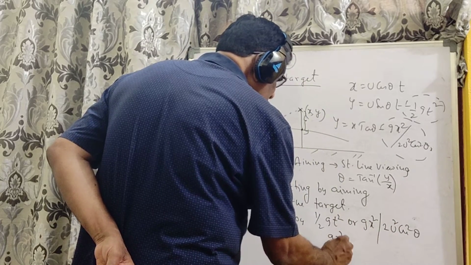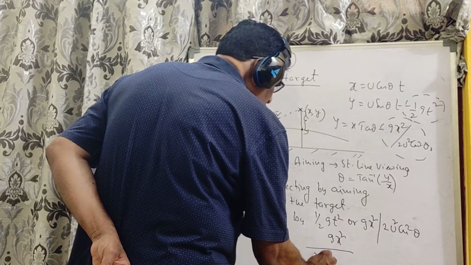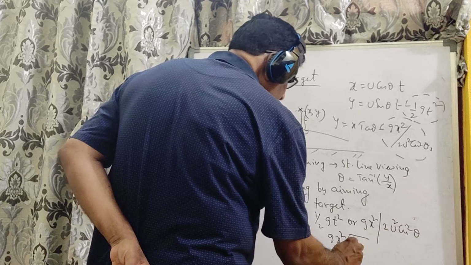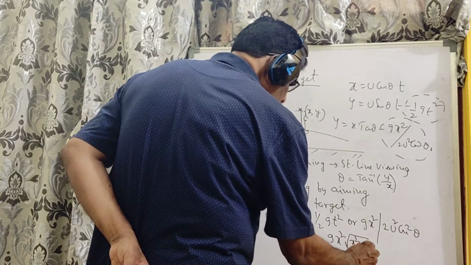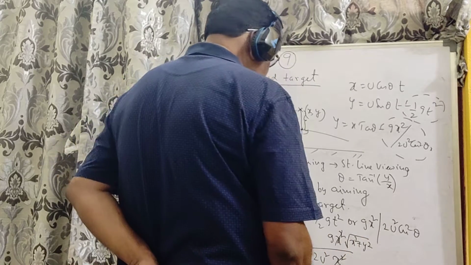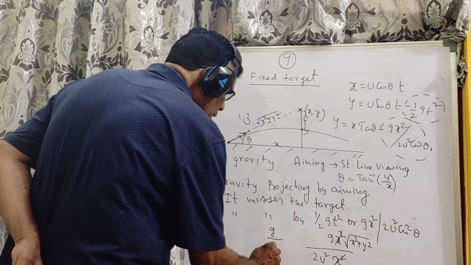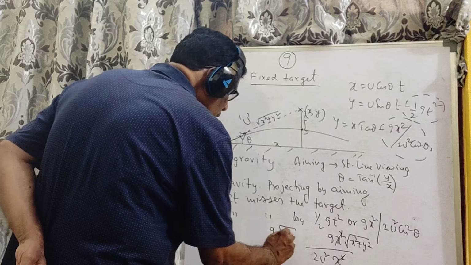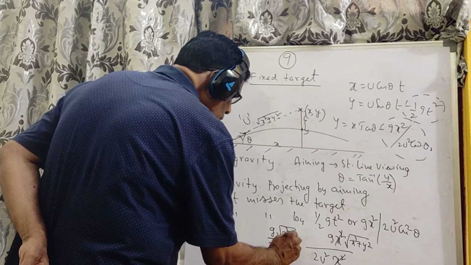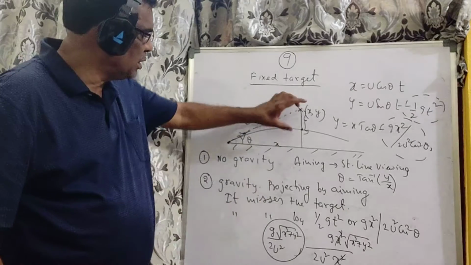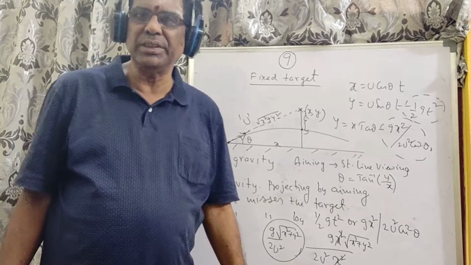So cos square theta is x square by x square plus y square, and the x square cancels. So it is g by 2u square times root of x square plus y square. This is the vertical distance by which it will miss the target.